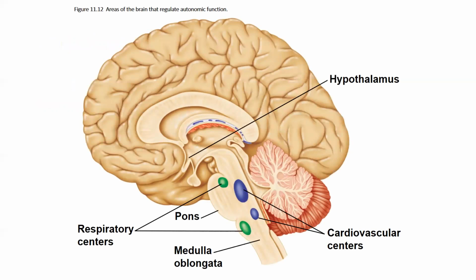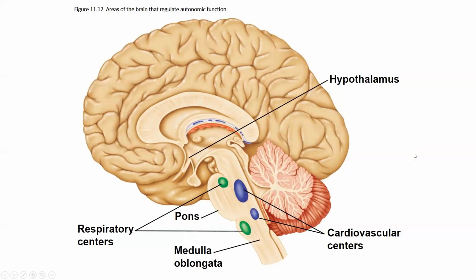And this image just points out some of the integrating centers, the cardiovascular centers, as well as the respiratory centers, which are located in the brainstem, so the pons and the medulla oblongata. And these are the centers that we said were responsible for integrating the signal, which came to the CNS on afferent fibers, deciding upon the response, and then sending that signal back down to the effector tissues to increase or decrease the autonomic nervous system signals.